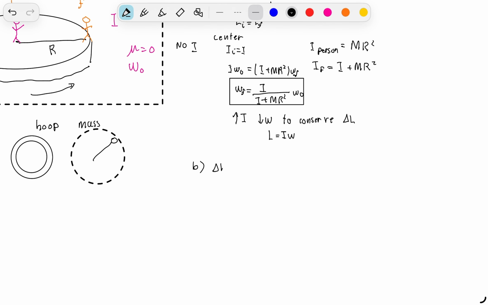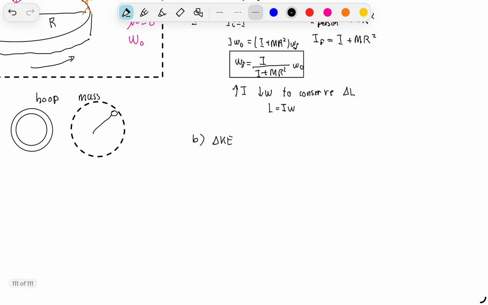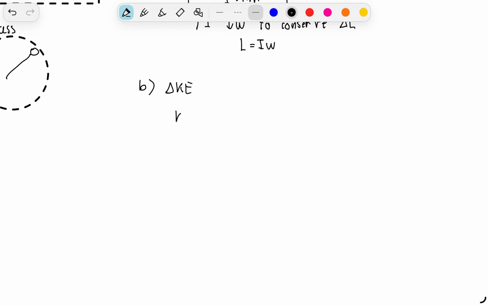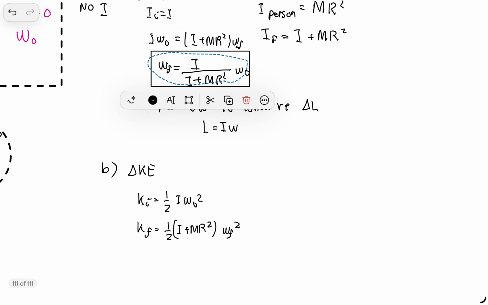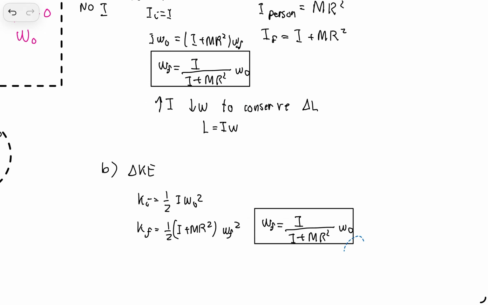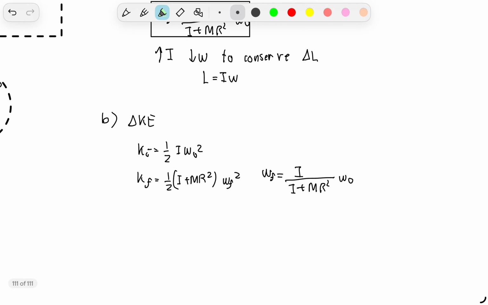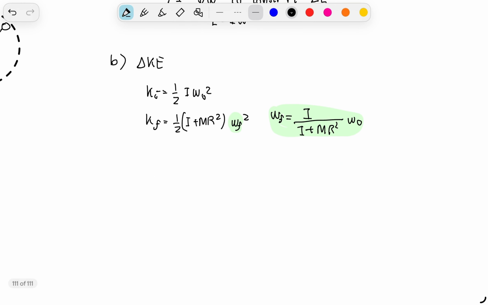So we're finding delta K. Our initial kinetic energy is 1/2 I times omega initial squared, and our final kinetic energy is 1/2 (I plus the mass times radius squared) times omega final squared. So if you substitute in what we had for omega f up here into our current equation, then you're going to get that.